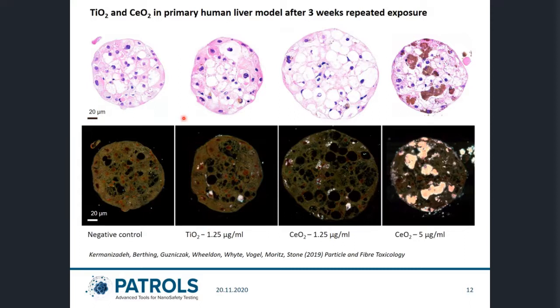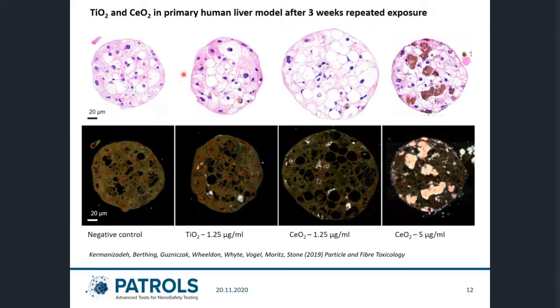The final example is from an in vitro model which has been developed for use with nanomaterials in petrols. This is small spheroids made from primary human liver cells.